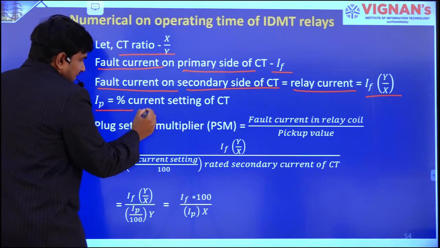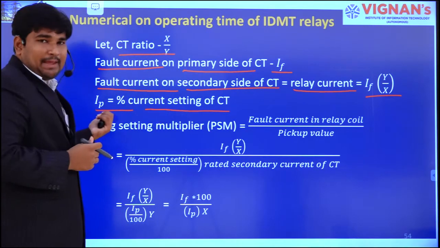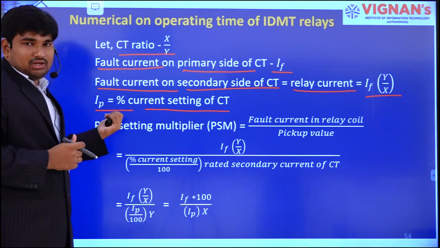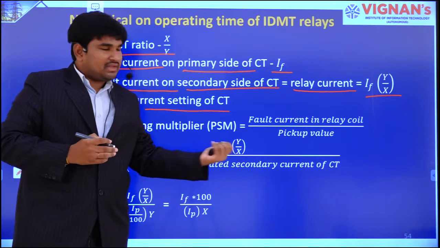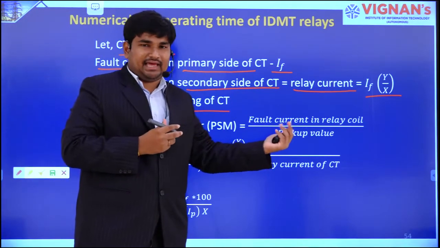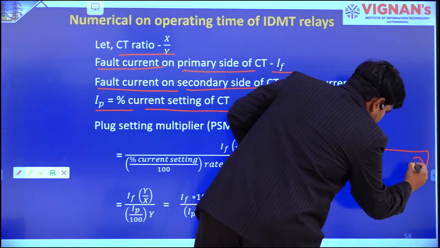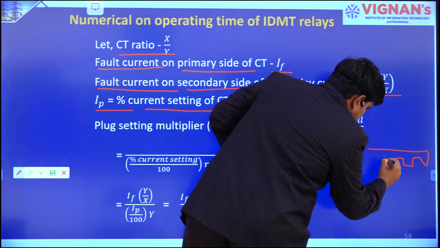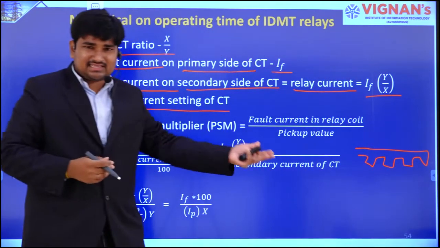And again we have the current setting of the relay, which will be denoted by IP. Now the plug setting multiplier, PSM. In the previous class, while observing the non-directional overcurrent relay, I discussed the plug setting bridge, right?